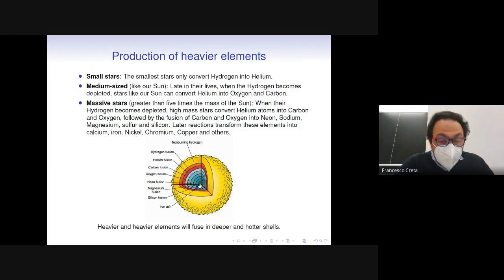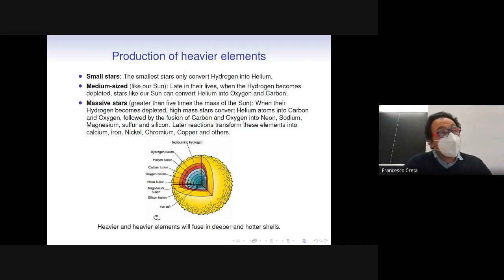So you see here, essentially, you have heavier and heavier elements forming in deeper and deeper and hotter shells. You cannot have very heavy elements fusing here, but they will be fusing down here.